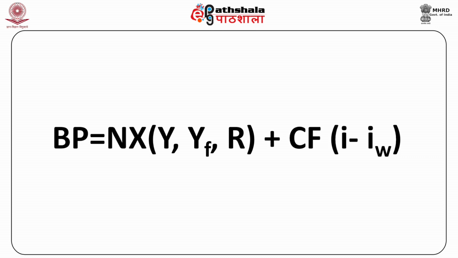Note, we can just add net factor payments from abroad to the trade surplus to obtain the current account surplus. Thus, the balance of payment surplus depends on the following: domestic income, foreign income, exchange rate and the interest rate differential, that is the difference between the domestic rate of interest and the world rate of interest.